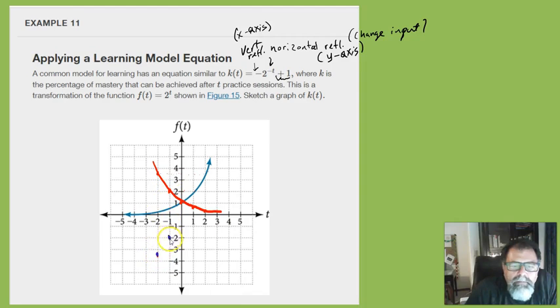Down 2. This one's at 1, so it goes to -1. This is about half, this is about 1/4, 1/8, roughly. Okay. And then we're going to shift it up 1 unit. So now we're going to move all these. So let me erase the red.